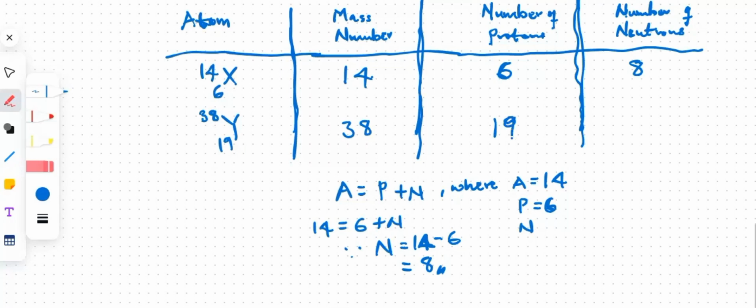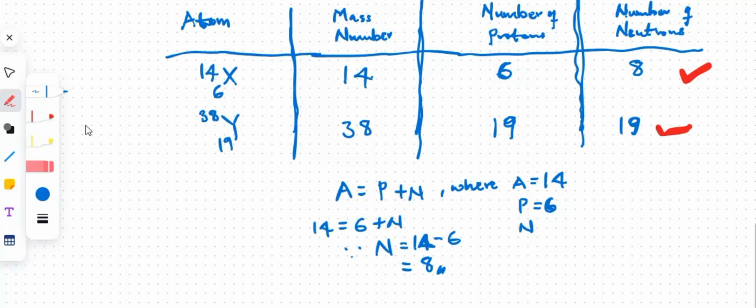And lastly, what is our number of neutrons? 38 minus 19, it is also 19. So basically, this is our answer.